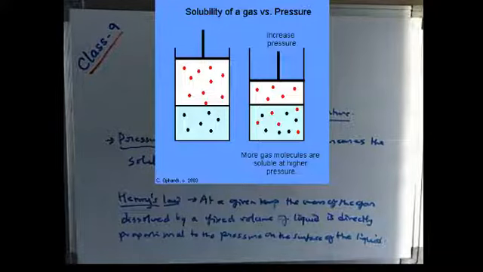That means the more the pressure, the more the gas gets dissolved in the liquid. Pressure and temperature both cannot be variable. One will be fixed, at a given temperature.